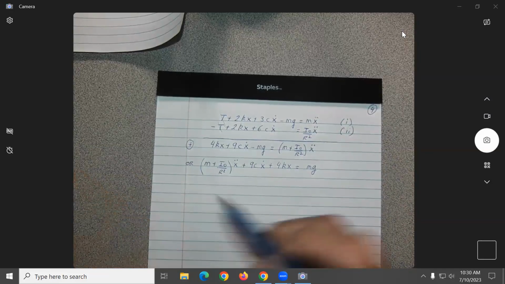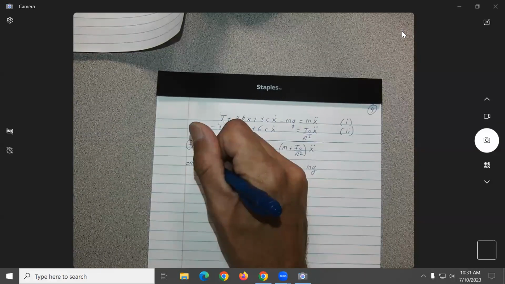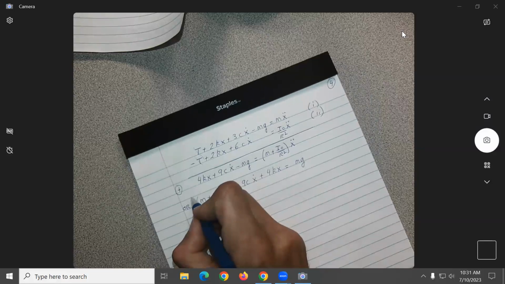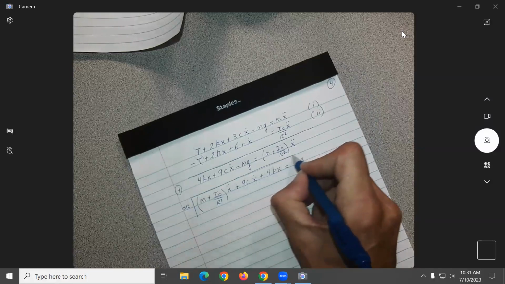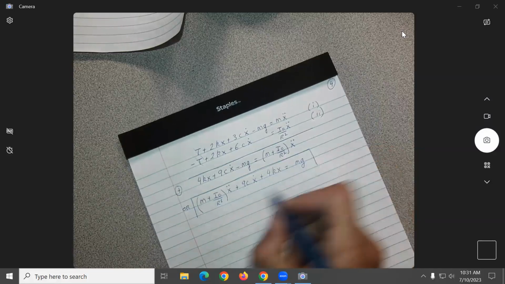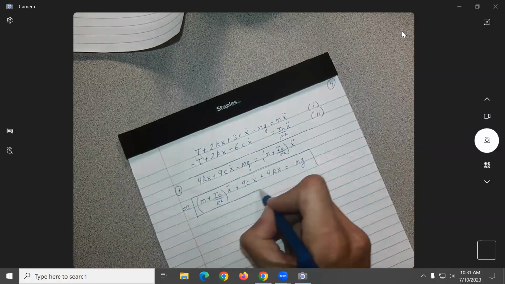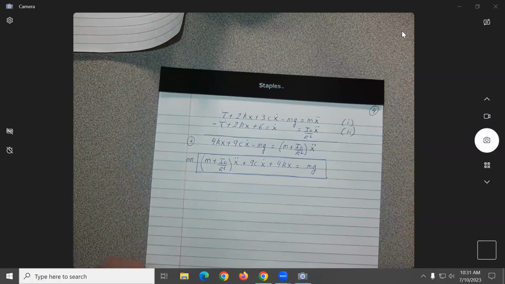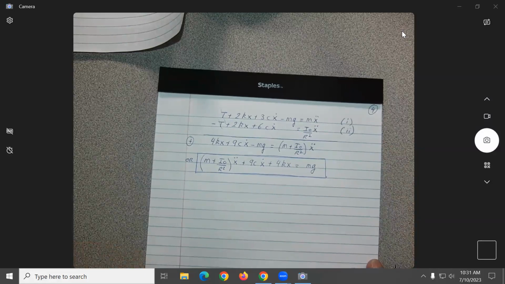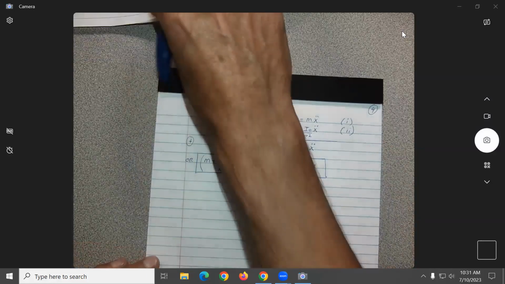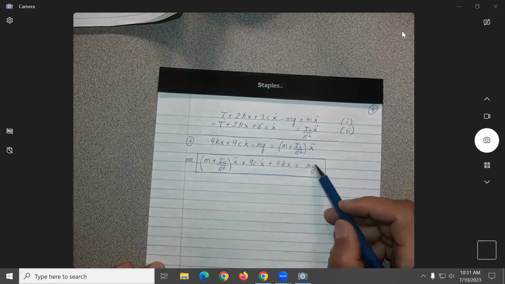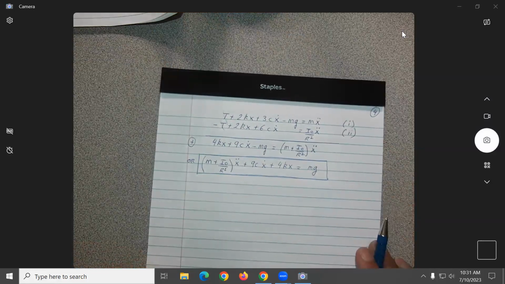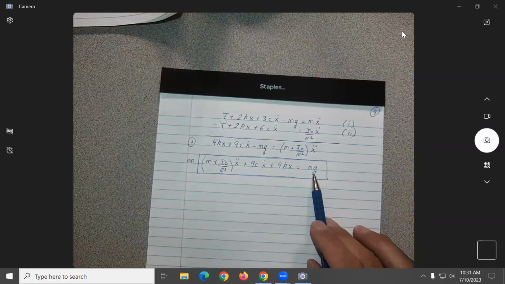Okay, so if you ask me, this is the general form of the equation of motion, but since in this class we have only solved equations where the right-hand side is equal to 0, what do we need to do in order to make the right-hand side equal to 0?